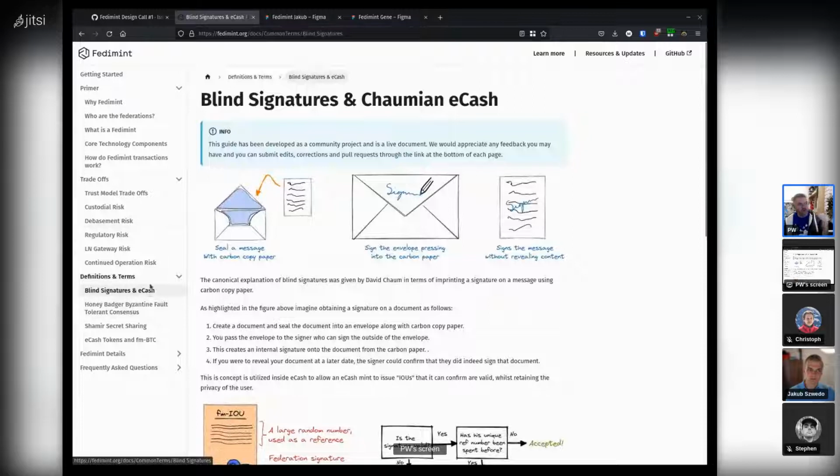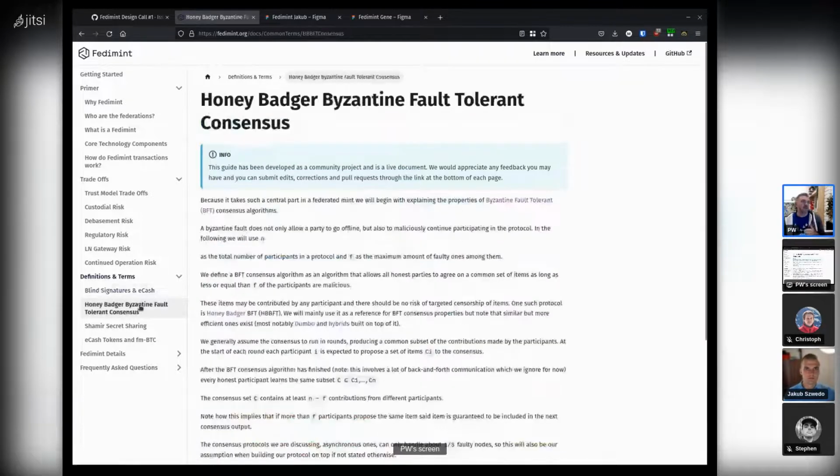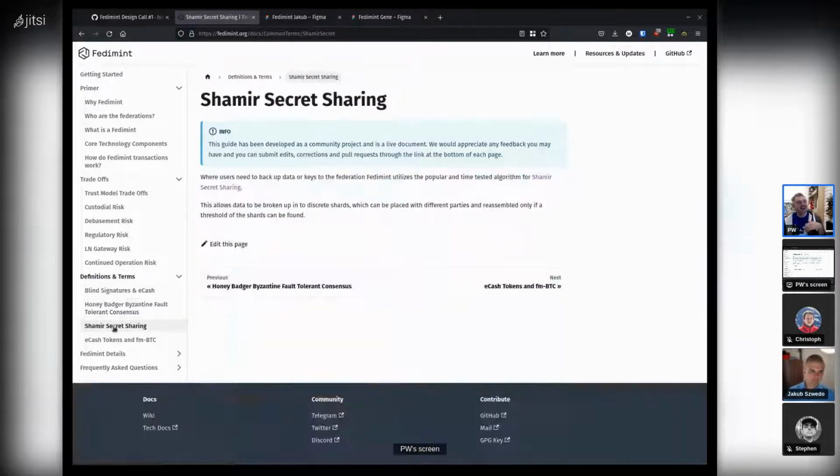And then we've got a few different definitions of different terms. So what are blind signatures and eCash, and how does that work? What's the Honey Badger Byzantine fault tolerant consensus that's used inside the model? This was an Eric one, something I was writing.